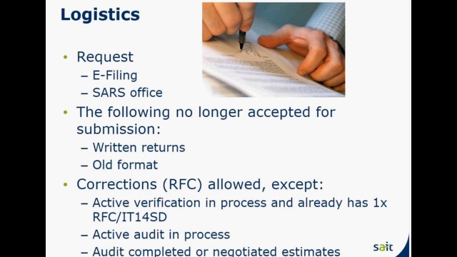Now, the first one is if there's an active verification process underway, so SARS has started asking you for some more information, and you've already made one correction to the form. That is one request for correction that you've processed, or you've already submitted an IT14SD form.